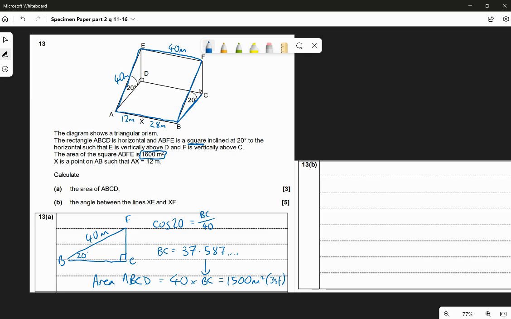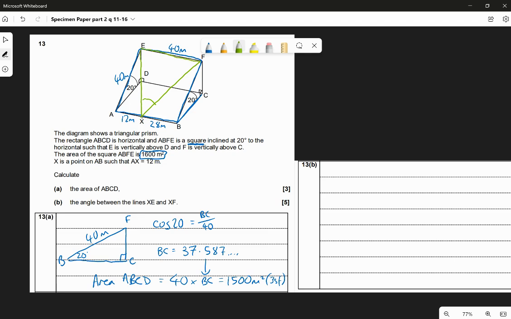Okay. Part B. Find the angle between the lines XE and XF. So I'll draw that in green. So XE and XF. Okay, well, I'm finding this angle there. It would be useful if I had all 3 sides of that triangle because I've got one side which is 40 meters.